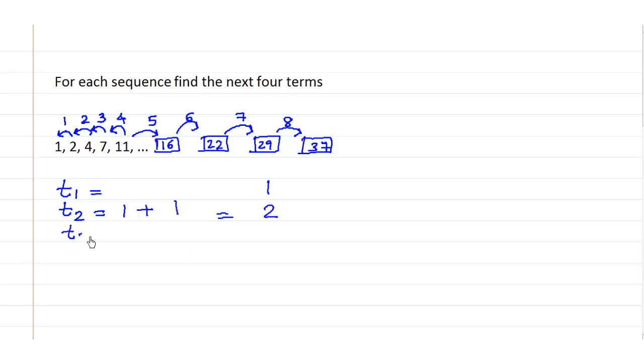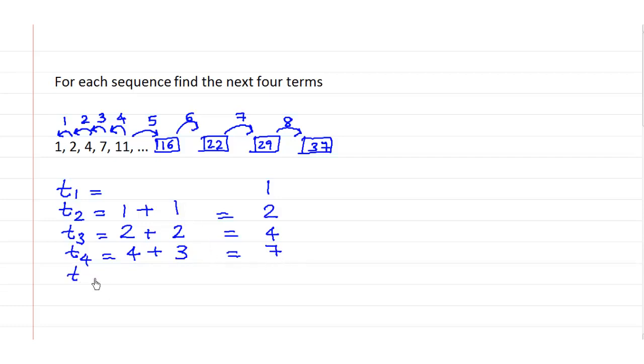Then the third term T3 is this 2 taken down, and then we add the next natural number, which is 2. The first natural number was 1, the second natural number is 2. So we get 2 plus 2 is 4 as expected. Then T4 is, we take the previous number 4, and then we add the next natural number 3. You can see 1, 2 and 3. So that makes it 7.